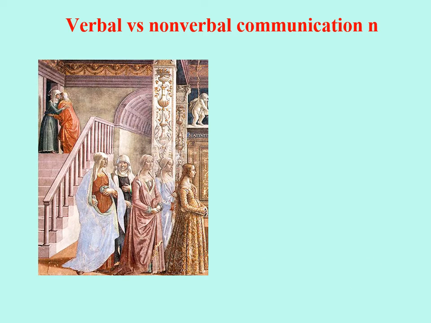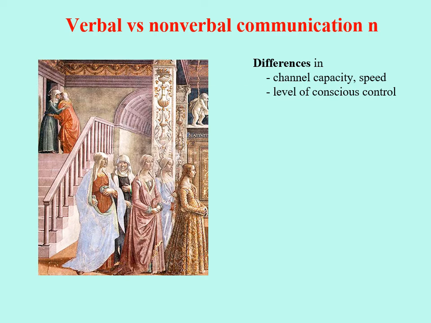Now, let's look at the two major components of communication we're going to study: verbal and nonverbal communication. These two communication mediums differ in a number of respects. They differ in channel capacity and speed.